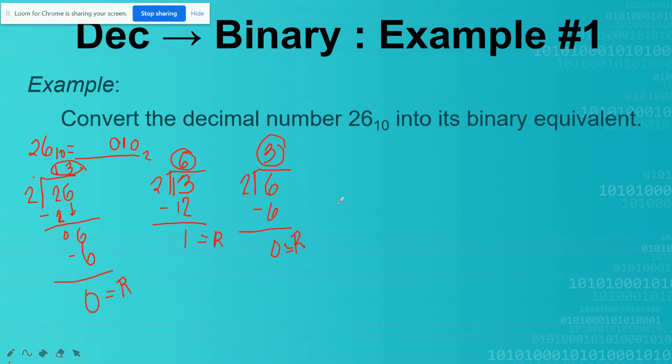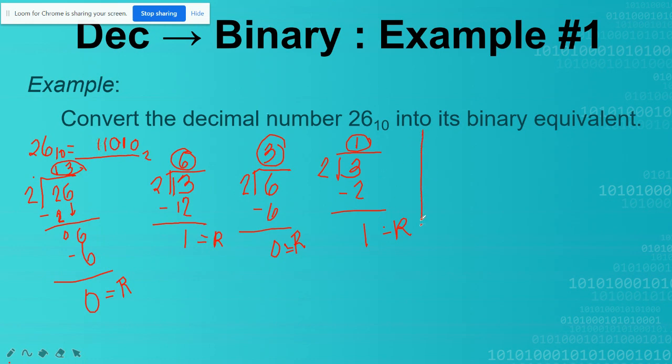So 3 divided by 2 is 1. 1 times 2 is 2. 3 minus 2 is 1. So we have remainder 1. And still, anong meron tayo? We have 1 left. So this is our most significant digit.